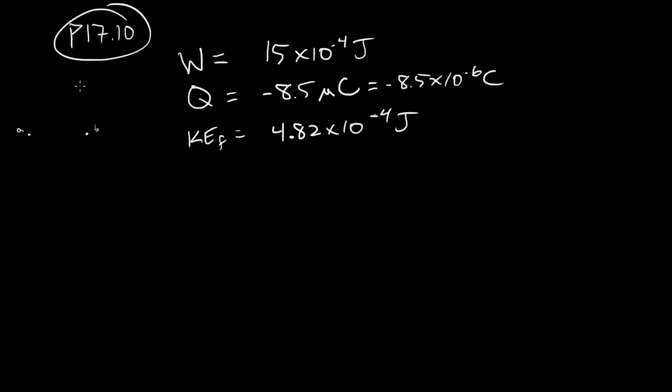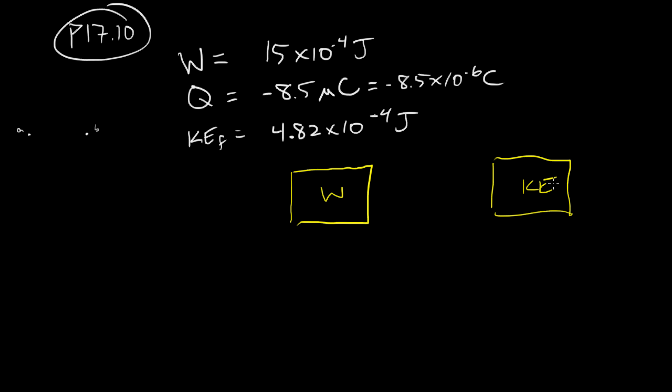If you had 15.4 joules and your potential energy didn't change, so this is all the work that you put in, then your kinetic energy at the end would be equal to the work that you started with. This is for VA equal to VB.